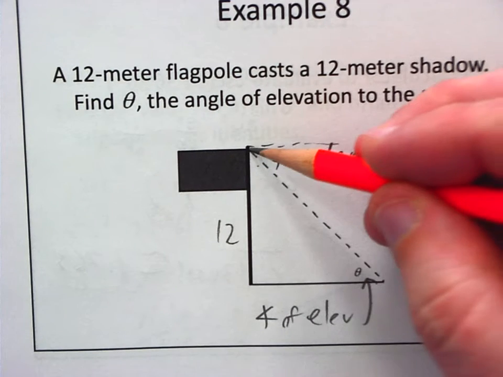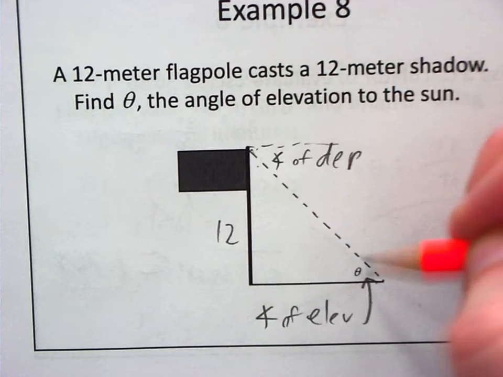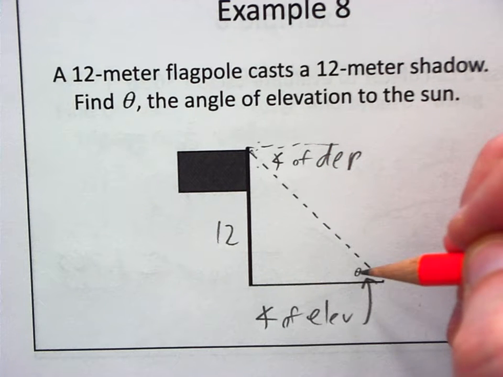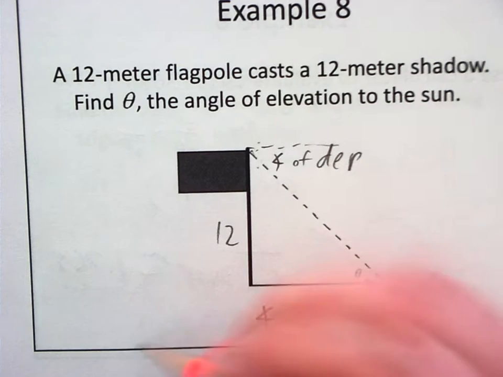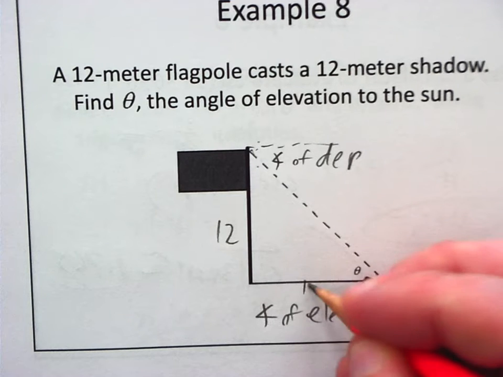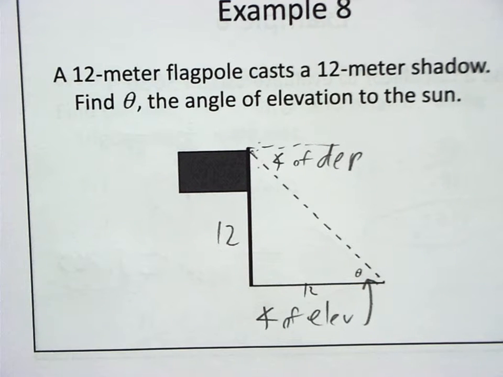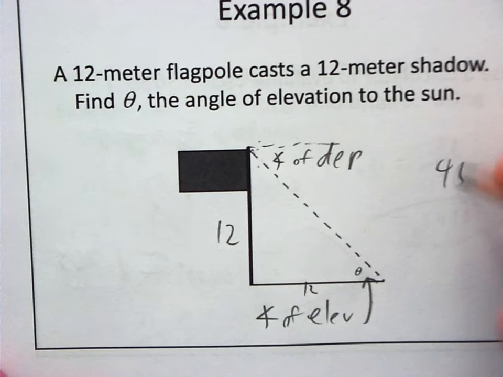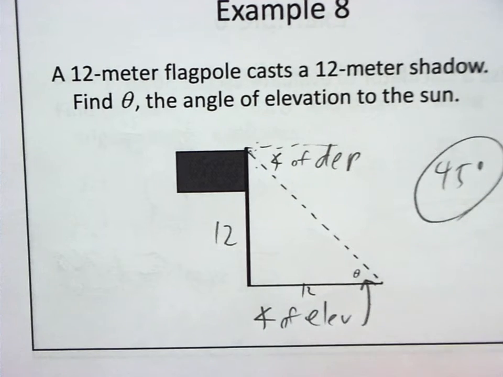I'll have students that will, on tests, label this line as the shadow because it's in the shade. The shadow is the actual line along the ground every time. Without bothering with SOHCAHTOA, what's theta? 45 degrees.